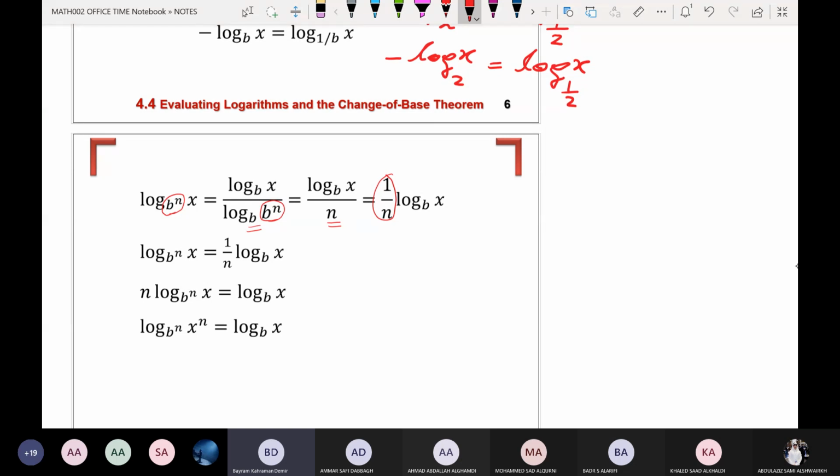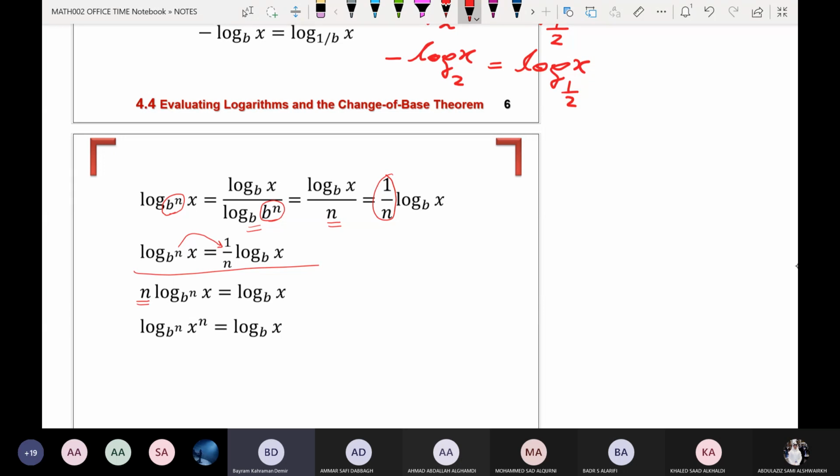So here is the formula. We just need to remember, Shabab, this n of the power of the base is going to come here as 1 over n. And if you multiply both sides by n, we have n times logarithm of x with base b to the n is equal to logarithm of x base b.